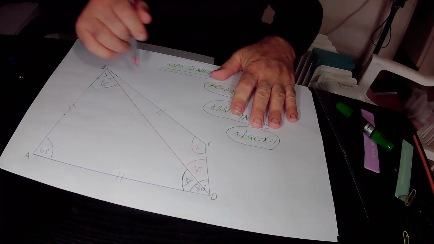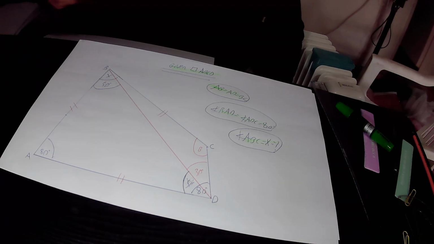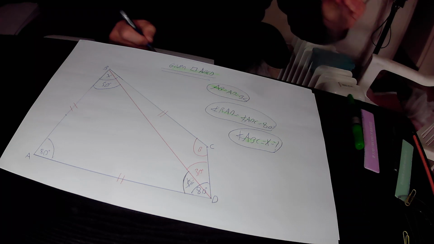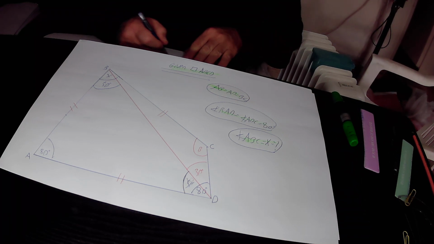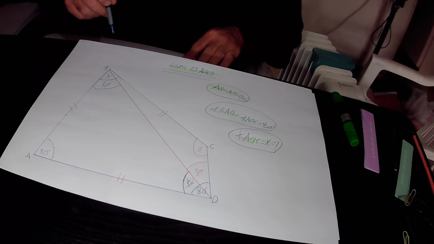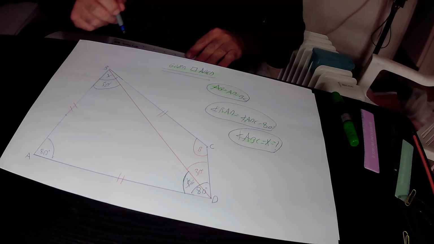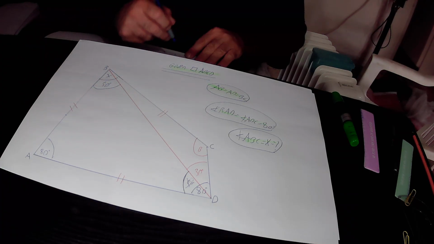So in this triangle ABD, according to the law of sines, the following equation is true: BD over sine 80 degrees equals BA over sine 50 degrees.